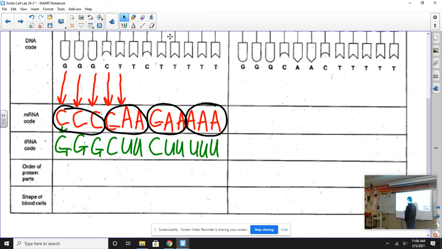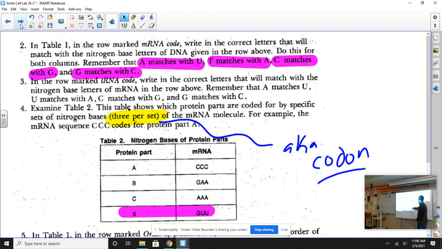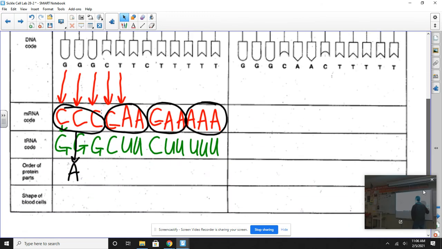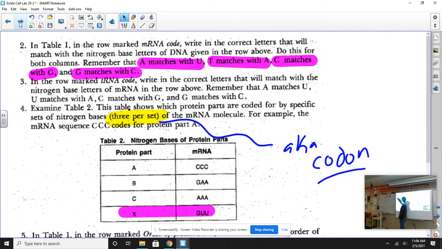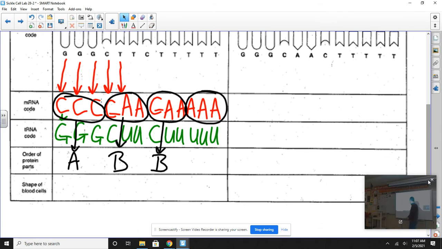So CCC would give us protein part A. GAA, which happens twice in a row, gives us protein part B. So GAA gives us protein part B, GAA again, protein part B again. And finally, AAA, we go back and look, AAA gives us protein part C. So let's write that, protein part C.